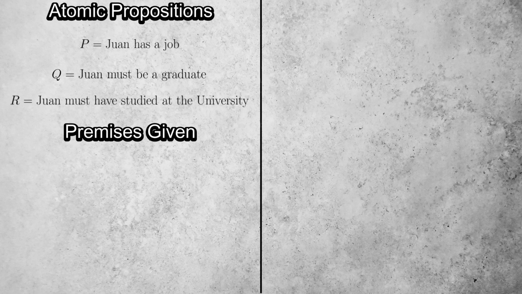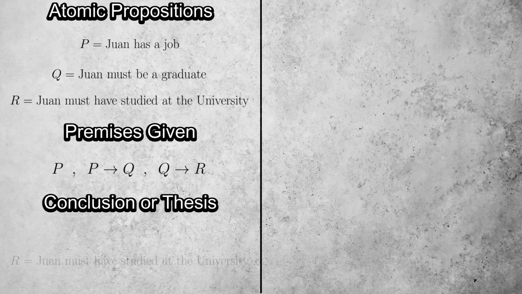Here we have a set of premises, P, Q, and R. From this set of premises, we can logically conclude that Juan must have studied at the university.